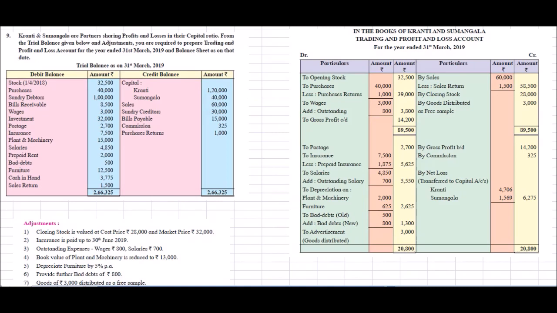First we are preparing the trading and profit and loss account. The first one is the opening stock, which is 32,500 rupees.